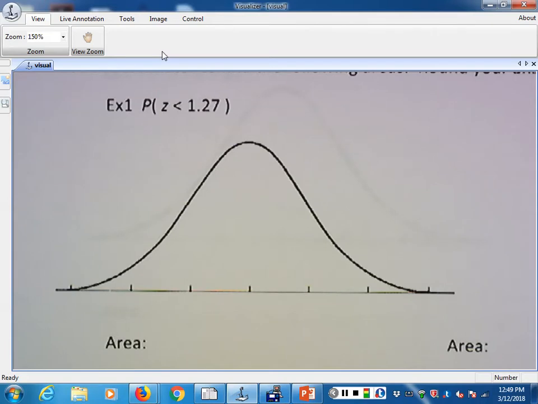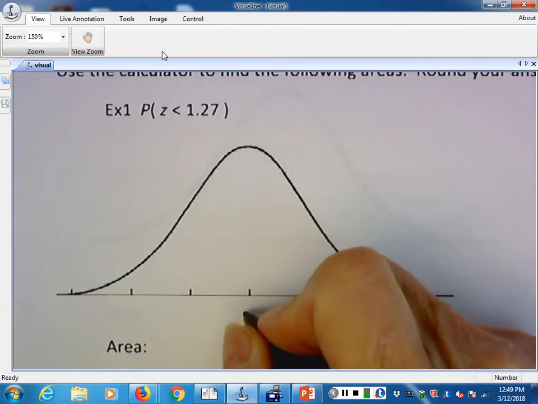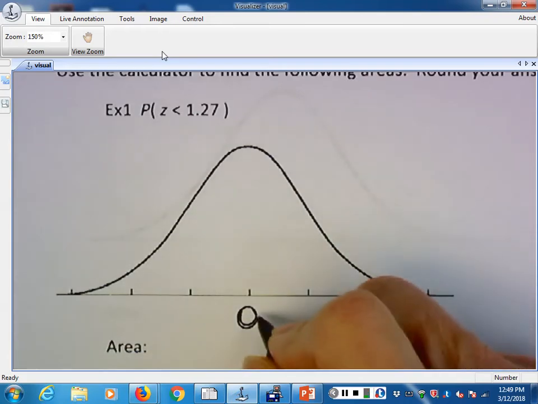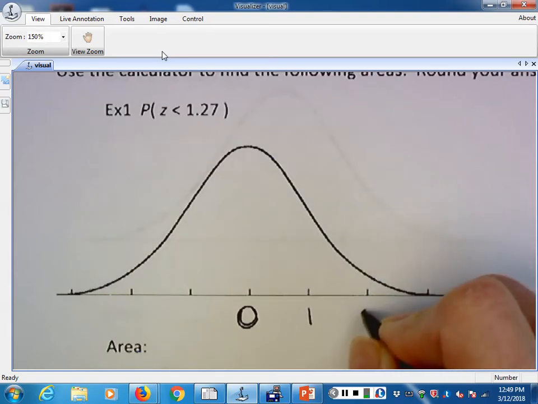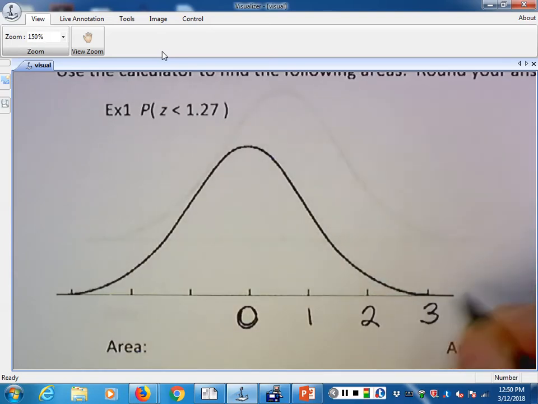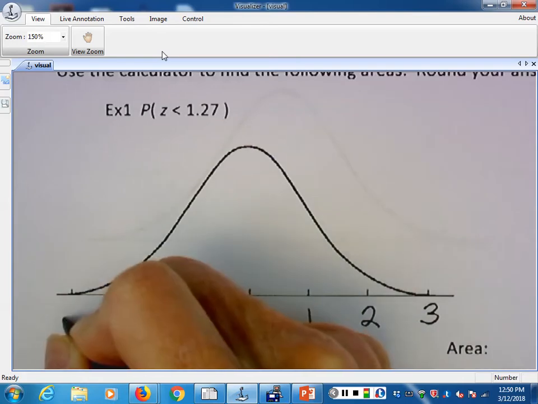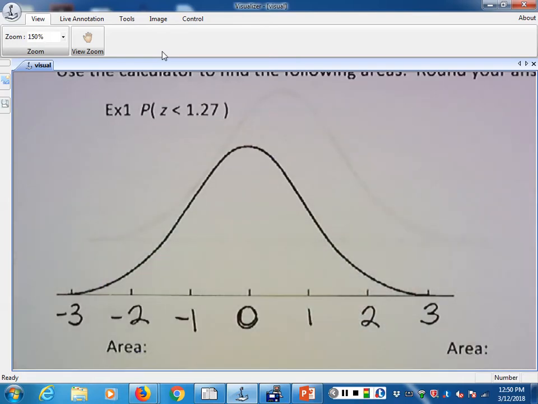First thing that you need to do is take into account that this is a normal curve. And if it's a normal curve, that means the mean is 0 and the standard deviation is 1. So that's 0, 1, 2, 3, 0, negative 1, negative 2, negative 3.